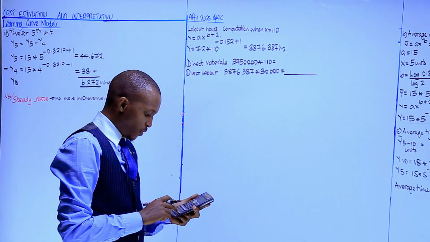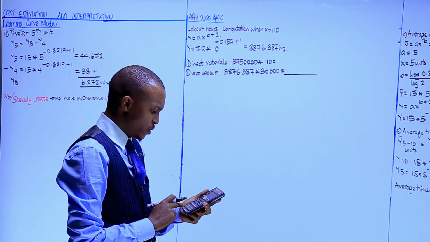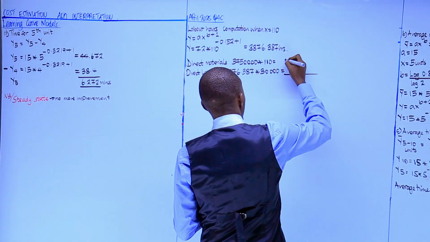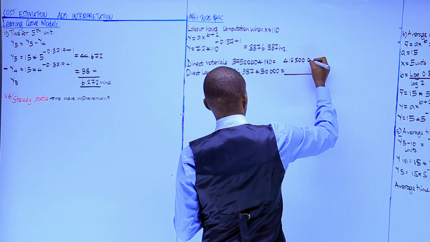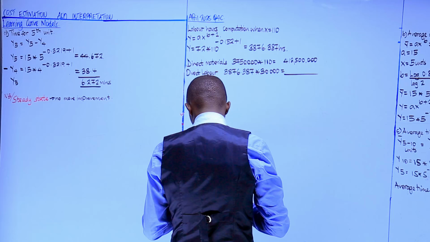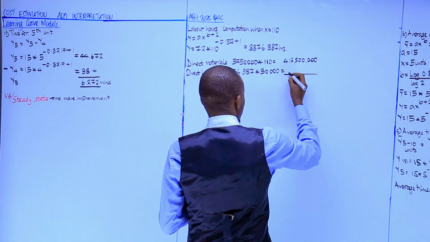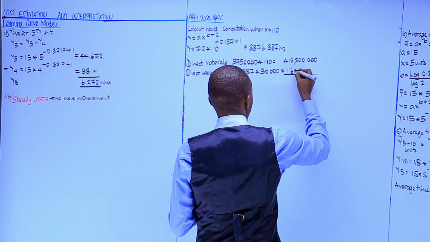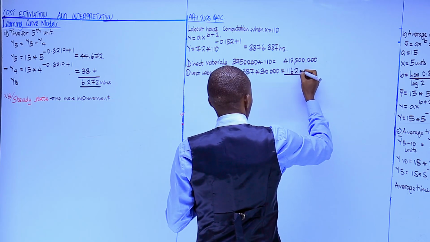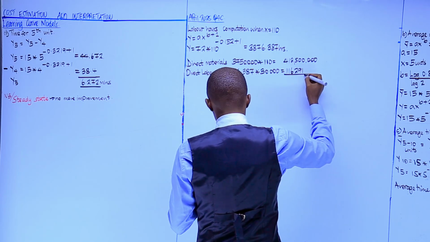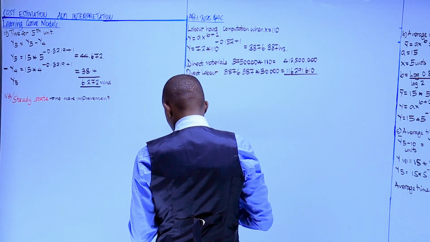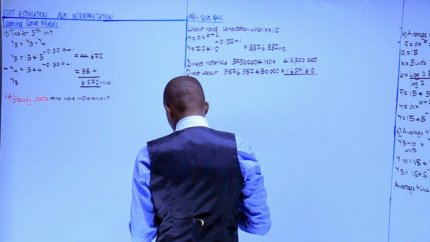So let's identify our costs. This is 412,500 million for materials. Labor is 116,291. Then you add the cost of materials.